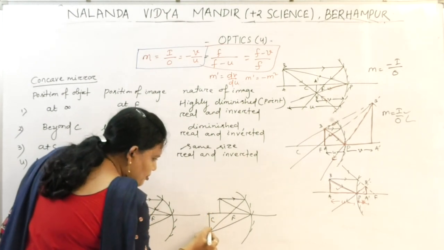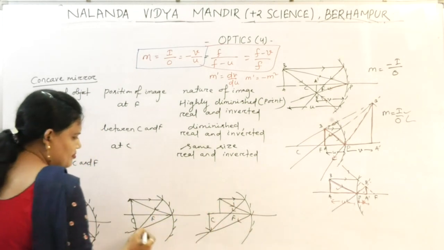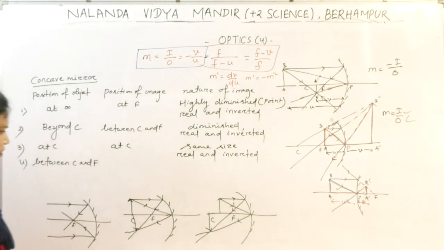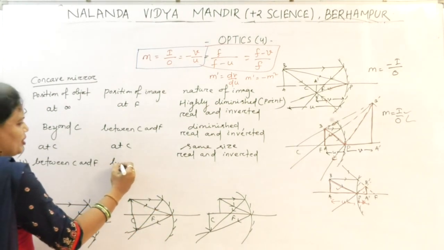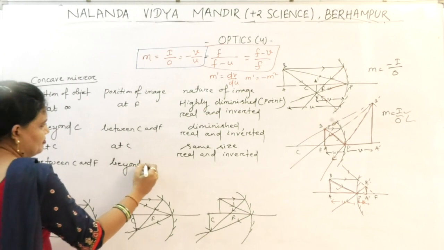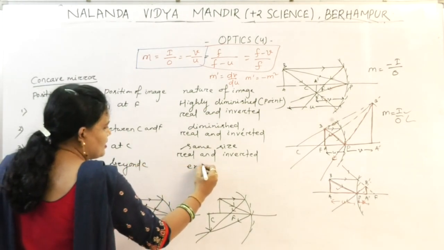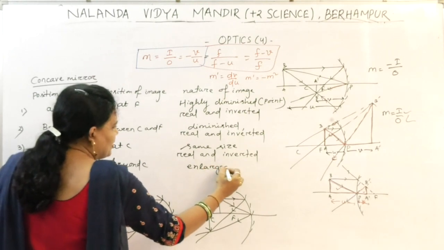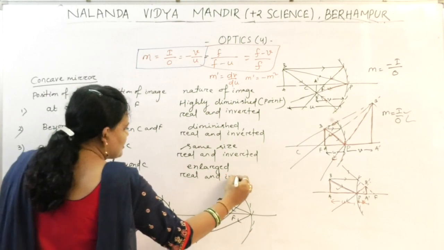The image is formed beyond C. What is the nature of the image? The image is enlarged, but real and inverted.